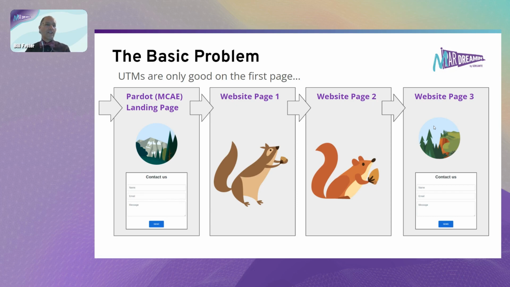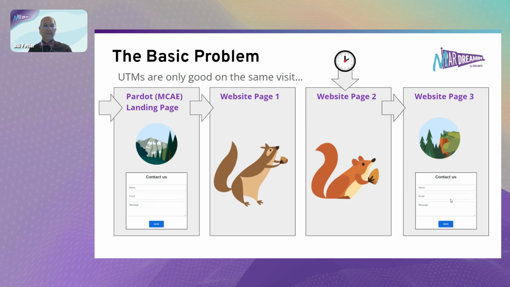Now, with the standard capability that we have in the system, we only get the attribution if they fill out the form that's on the first page. The fourth page on this visit, we wouldn't see anything because it's not first page, first visit. So what do we do about that?